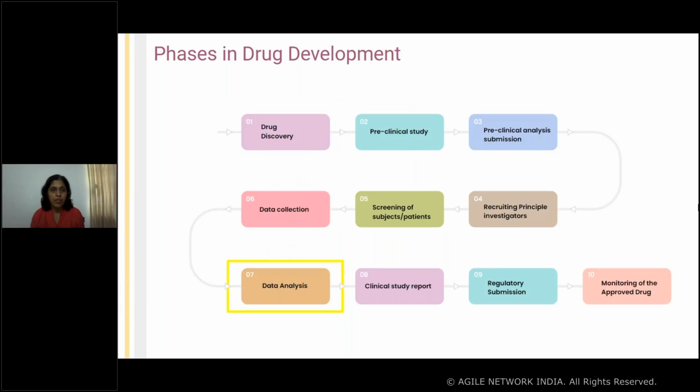Okay. Now, these are the phases in drug development, and we would be more interested in the data analysis stage, which I have highlighted in a yellow box. Right. Now, whoever is into data analytics would know that whatever data we collect from the source, that is the raw data, would definitely have to undergo some pre-processing before it is made available for analysis. The same applies here in drug research.